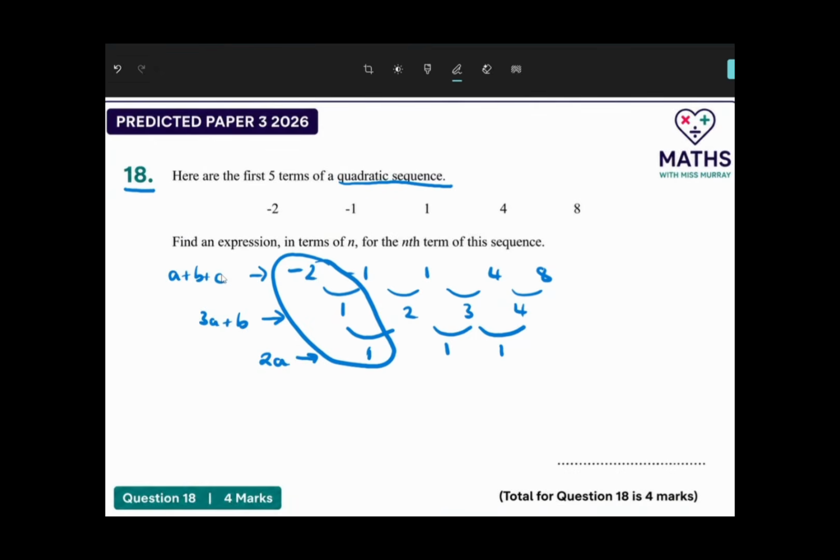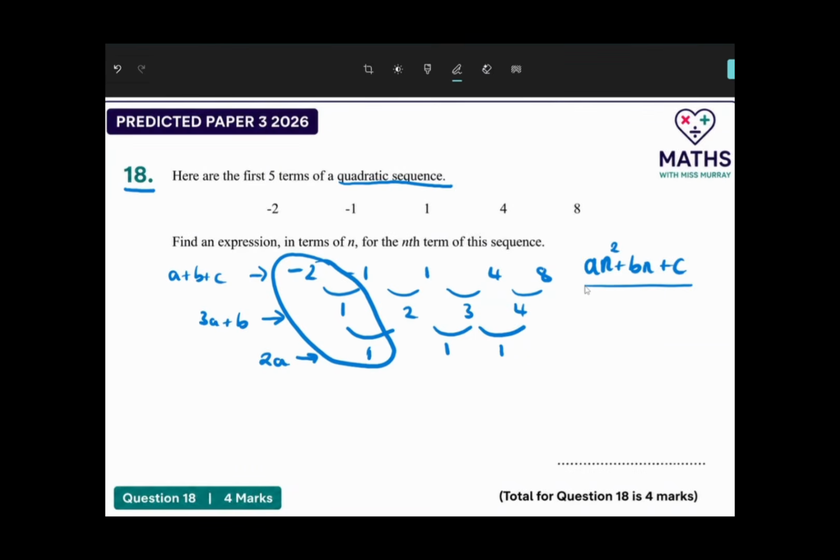You do have to remember these 3 and remember to use those 3 numbers, but then it's quite simple after that. You also need to know the general expression for a quadratic sequence is an squared plus bn plus c. Similar to a quadratic where you'd have ax squared plus bx plus c, because it's a quadratic sequence, they just use n instead of x.